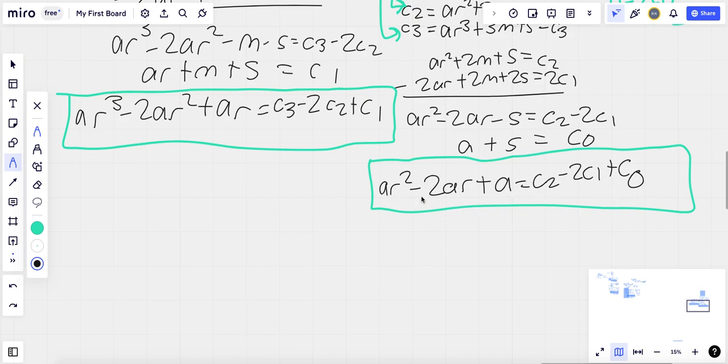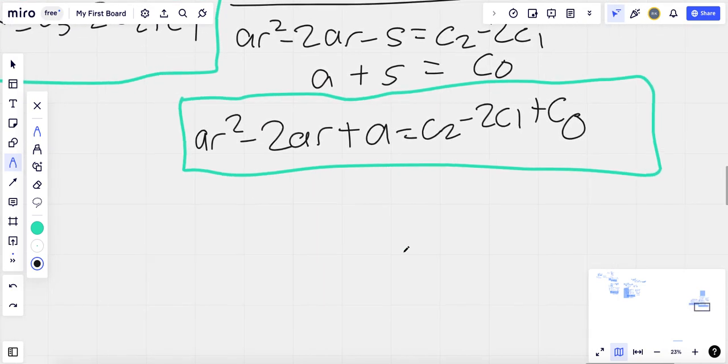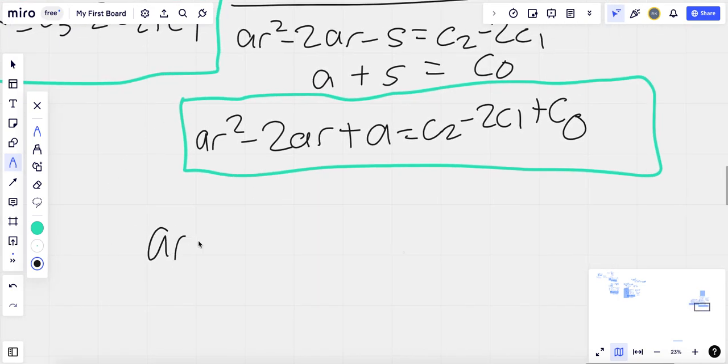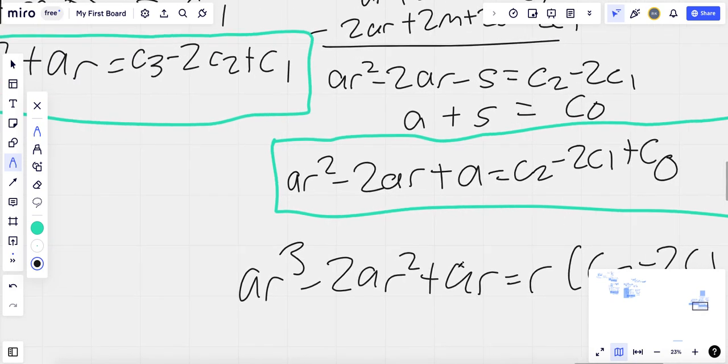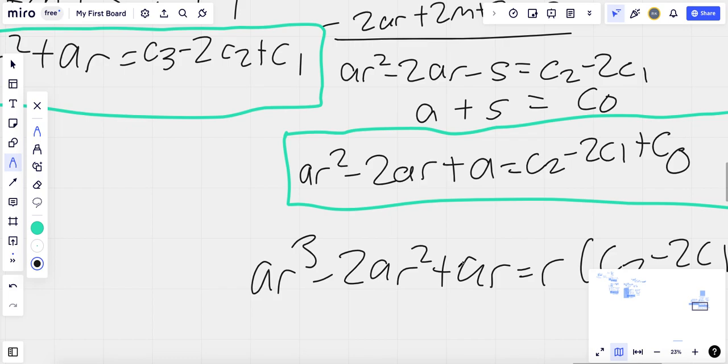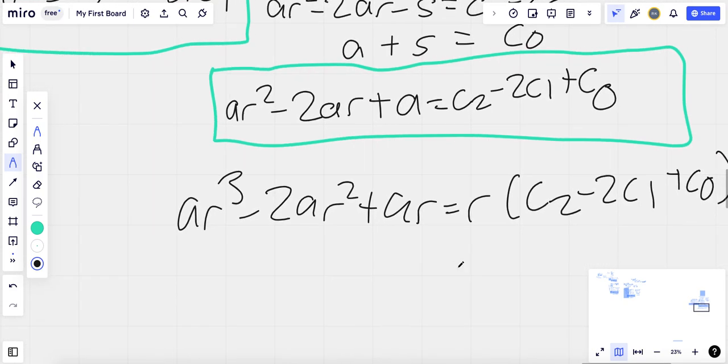But then AR cubed minus 2AR squared plus AR is exactly what we have here. That means we can multiply this by R, and then if we do that, we're going to get R times C2 minus 2C1 plus C0. And then we already know that this value right here is just C3 minus 2C2 plus C1.